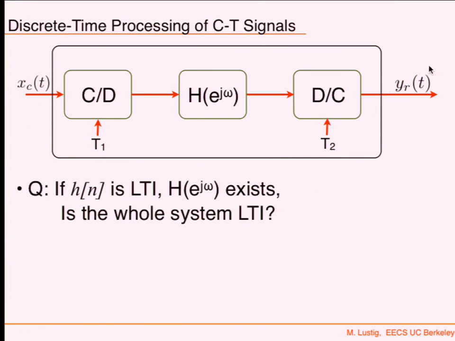And then you're going to get continuous time out. And the question is, if h of n, which has a frequency response of H(e^jω), is LTI, is the whole system LTI? And if not, can it be LTI?